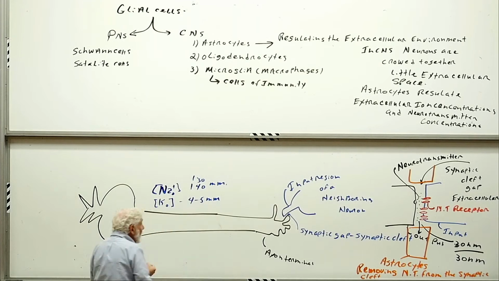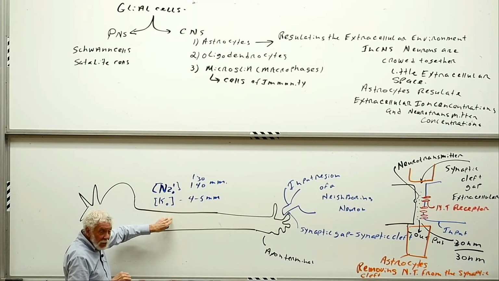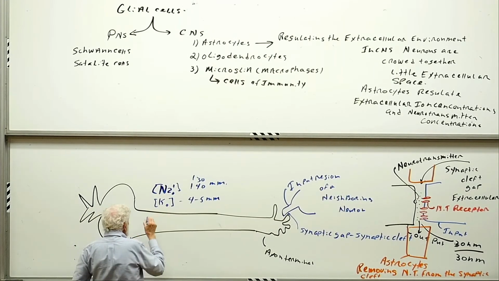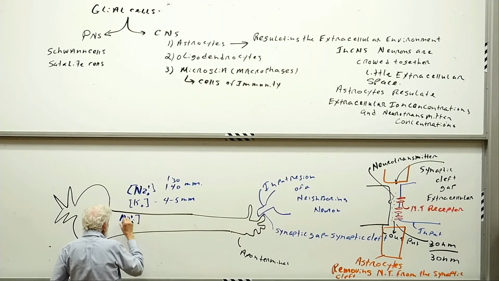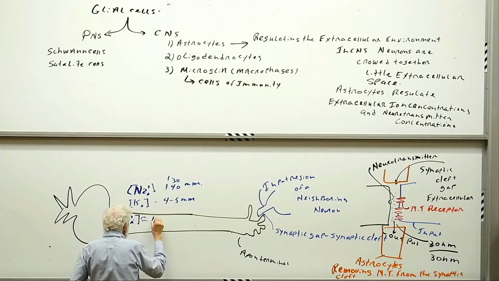If we look at the concentrations inside the cell, on this inside side of the plasma membrane, the sodium concentration on the inside, which we denote by sodium sub i, is in the neighborhood of about 10 millimolar.